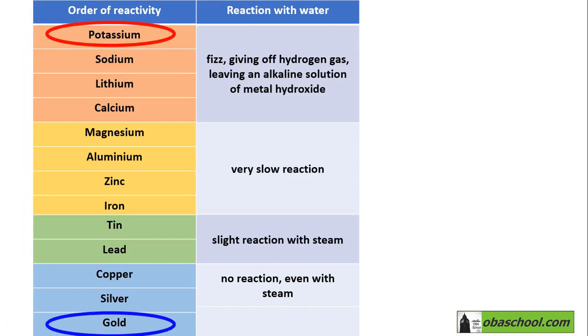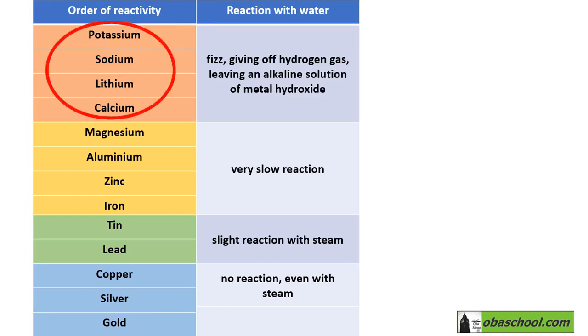As we go down below potassium, the reactivity goes down with it. So potassium is the most reactive, then comes sodium, then lithium, then calcium, magnesium, aluminum, zinc, iron, tin, lead, copper, silver, and finally gold.